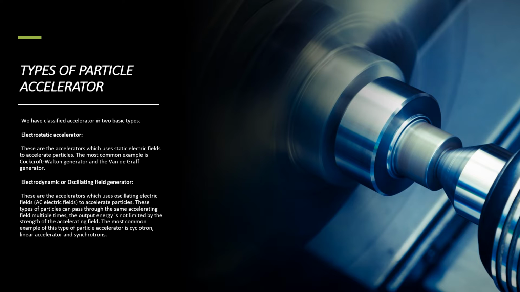Types of particle accelerators: we have classified accelerators into two basic types, electrostatic accelerators and electrodynamic accelerators, or oscillating field generators. In simple terms, electrostatic accelerators use static electric fields while electrodynamic accelerators use AC currents with changing or fluctuating electric fields.